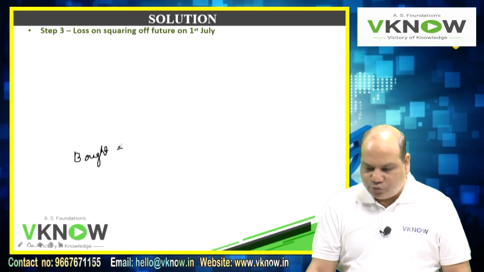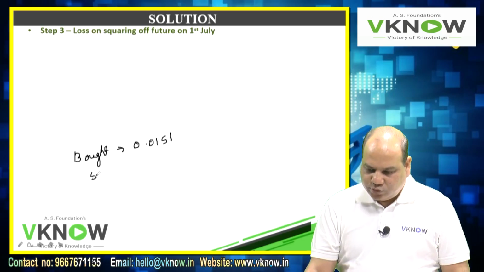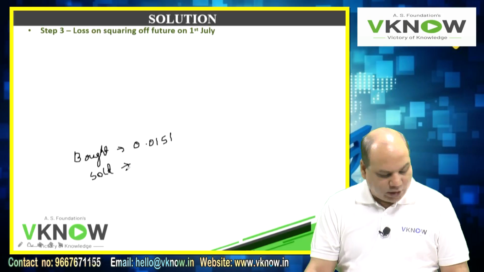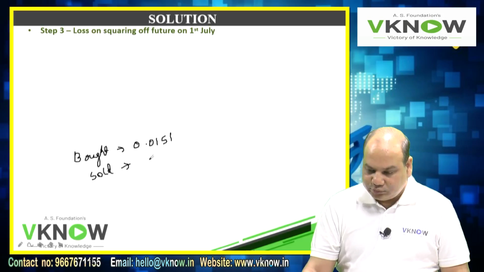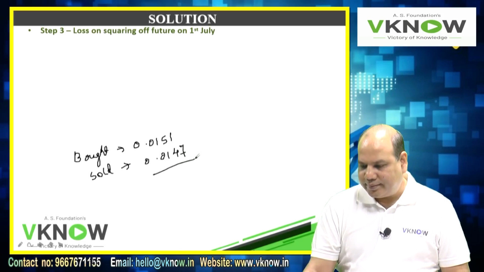You have bought future at 0.0151 and you have sold future at the time of squaring, as in the last few lines of the question, at 0.0147. Bought at a higher price, sold at a lower price.